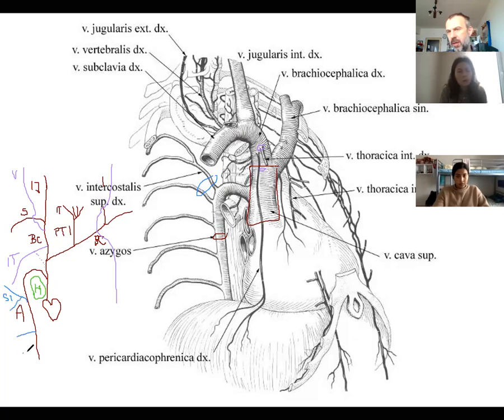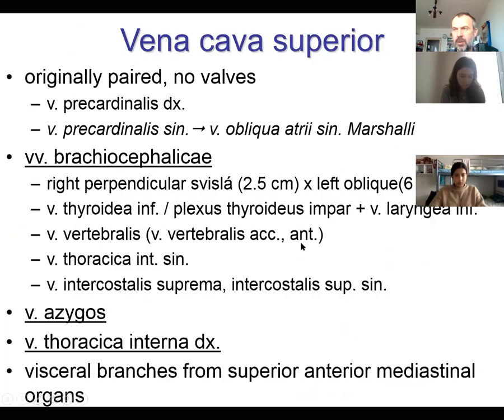And then, of course, we have here the posterior intercostal separately. Yeah, and then there can be some smaller mediastinal visceral tributaries. So, do you have a question to that? So here we have all the veins which drain there. I forgot to talk about the supreme intercostal, but we will come to this later in the azygos system again.